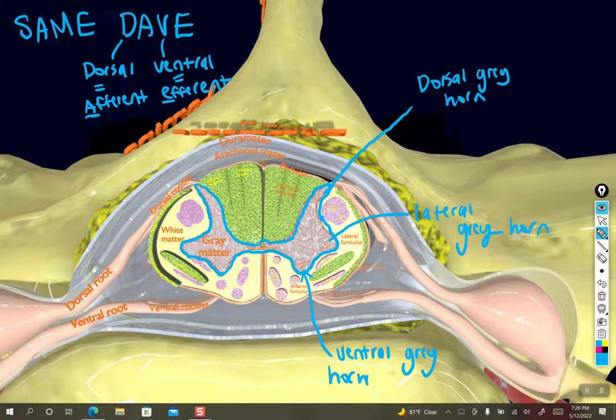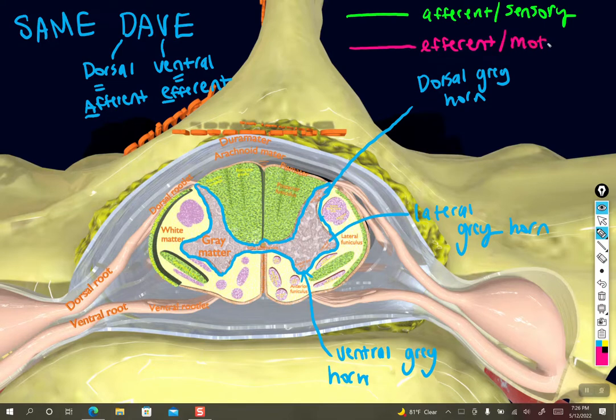So I'm going to make myself a little key here. We're going to have green be afferent / sensory, and pink be efferent / motor. So this is the dorsal root, and it spreads out into dorsal rootlets.